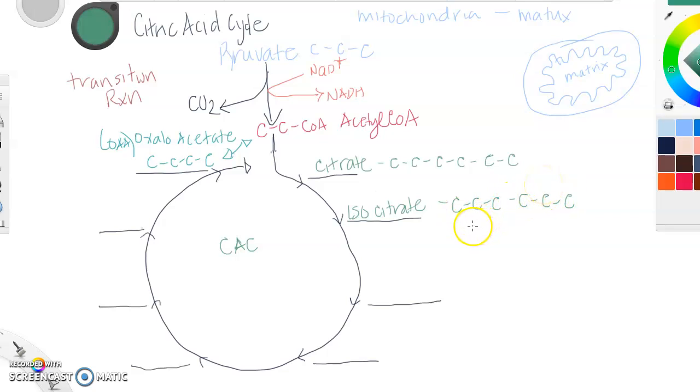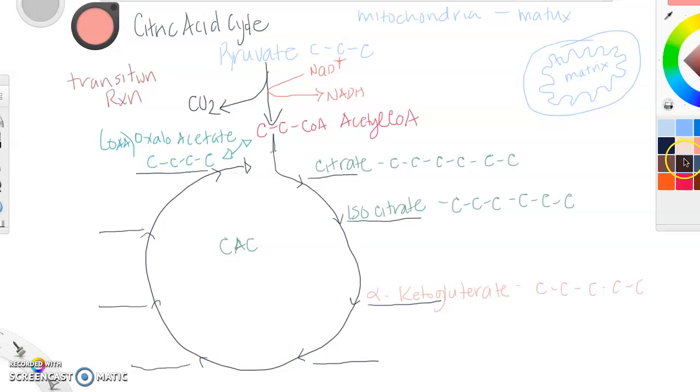Okay. So we still have a 6-carbon molecule, but from isocitrate to the next intermediate, which is called alpha ketoglutarate, alpha ketoglutarate is a 5-carbon molecule. 1, 2, 3, 4, 5. So to get from isocitrate to alpha ketoglutarate, and all of these are reactions caused by specific enzymes, which we're not going to worry about right now.